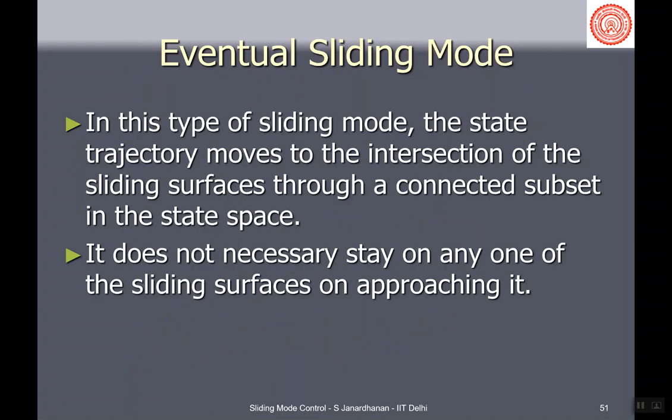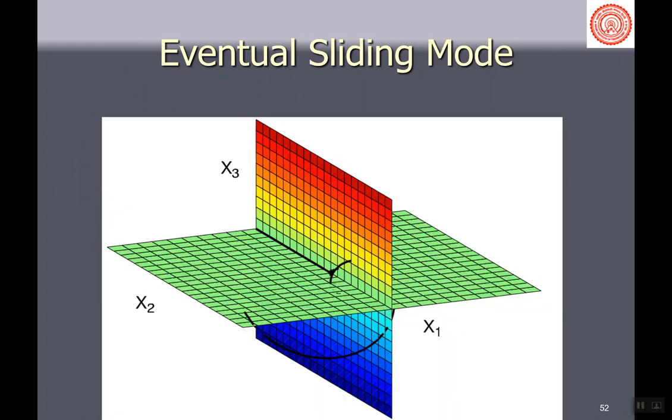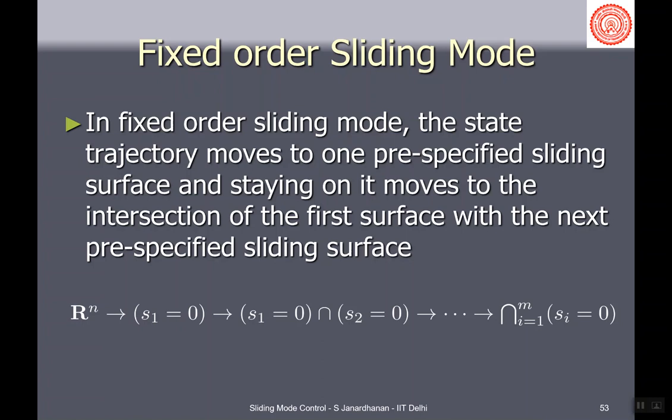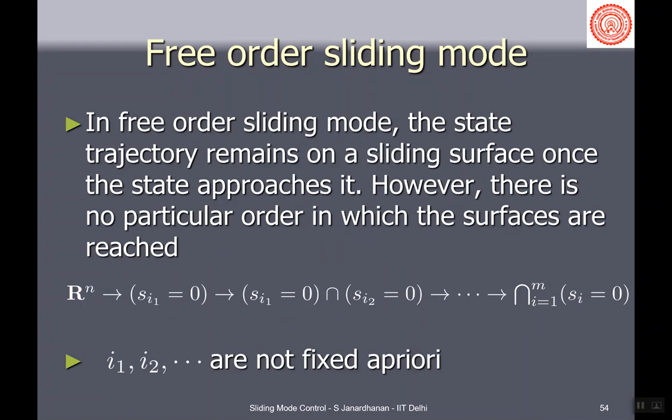In eventual sliding mode, if you see it graphically, it looks like this. Once it approaches the surface, it doesn't really care to stay on that surface. All it wants is to go to this intersection. In ordered sliding mode, there is a particular order in which it approaches the sliding surfaces, and in a free order sliding mode, there is no particular order.